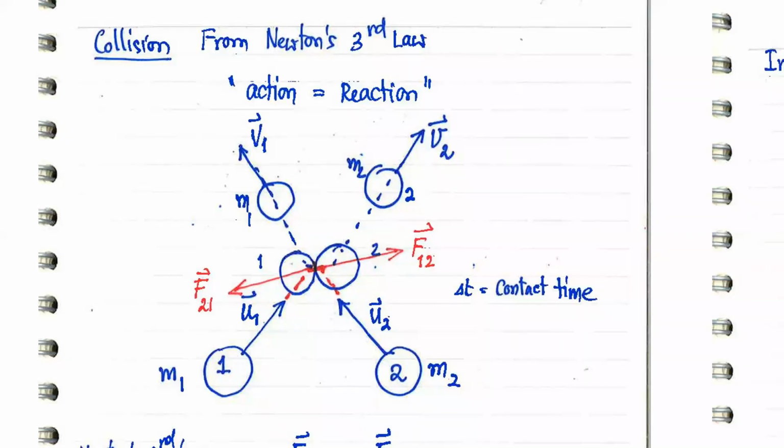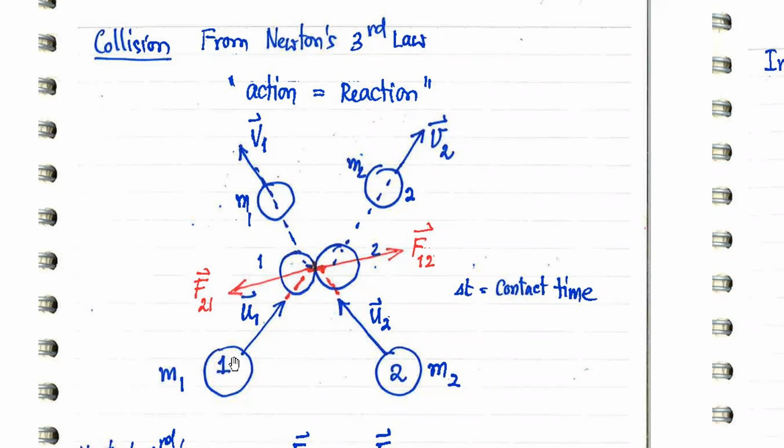And these forces have to be equal and opposite to each other. So according to Newton's law, this is these two things. After the contact time, the two objects will move with different velocities and in different directions.